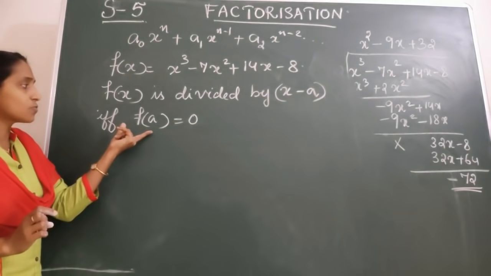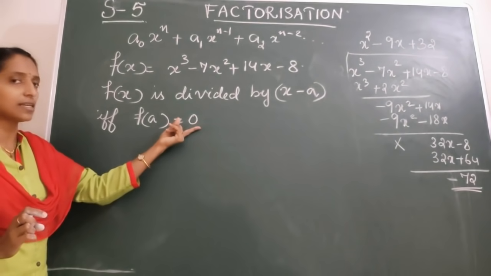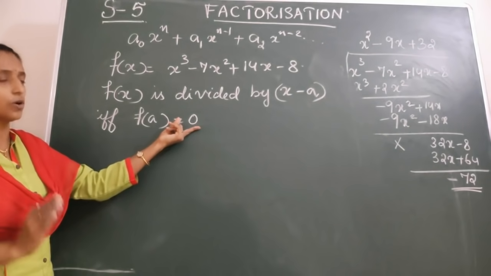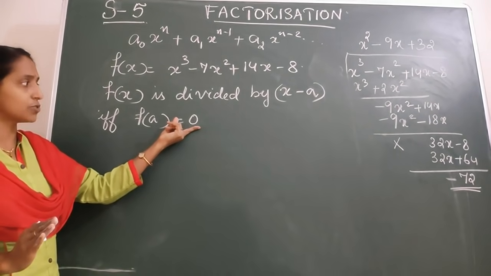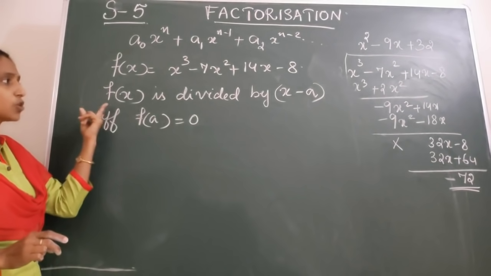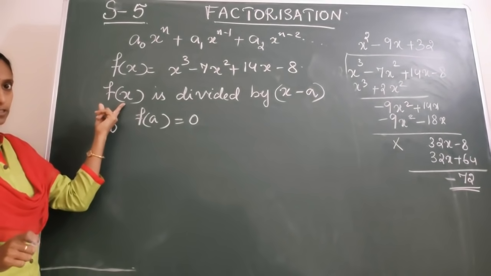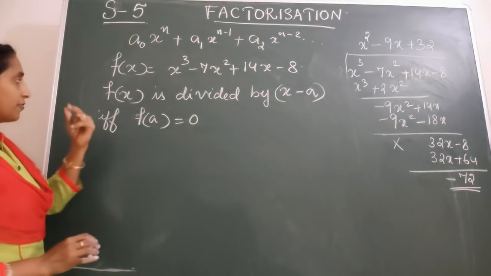So if we substitute the x value in the polynomial and get the remainder 0, then we can say that f of a equal to 0 implies that x minus a is a factor of f of x.